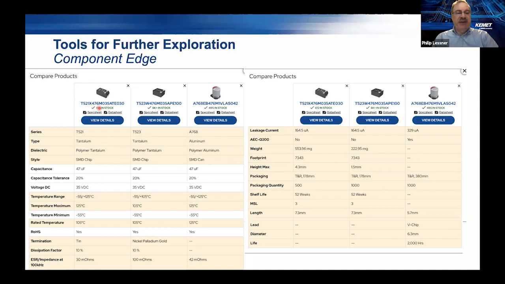So here I've compared three 35 volt 47 microfarad ratings, two different heights of tantalum polymer along with a wound aluminum polymer, and you can look at the different dimensions and different temperature and ESR ratings to get a quantitative comparison of how the different series compare.